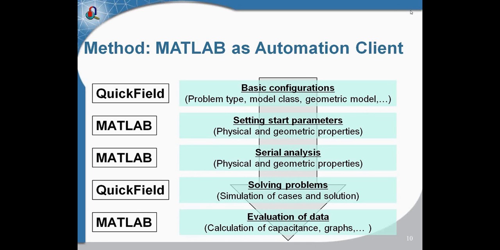The basic configurations, such as the problem type, the model class, and the structure of the geometric model, were designed and solved using QuickField. MATLAB, in contrast, was used to evaluate the data and to serve as a COM client that defines and varies parameters such as the physical and the geometric properties.